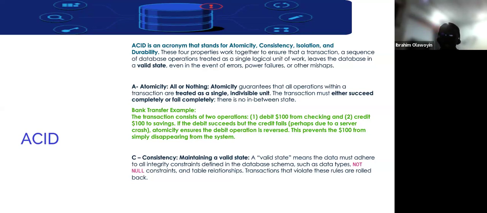So while we are trying to understand relational databases, now also consistency. Consistency is just maintaining a valid state. What this means is if we want data integrity, while we are declaring our table, we can have some constraints. For example, we can say that a user's name should only be characters.